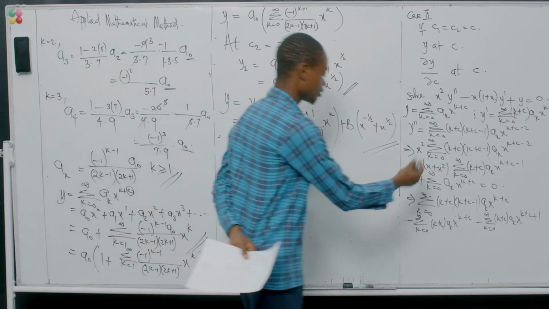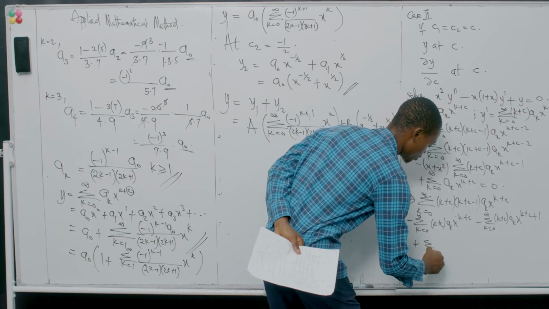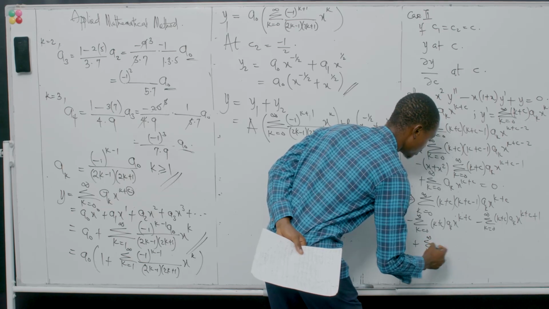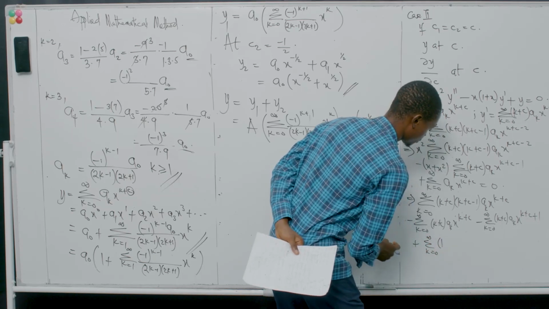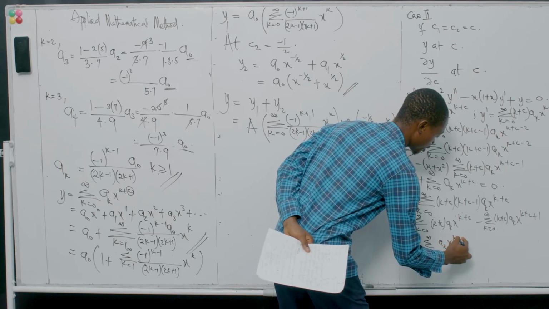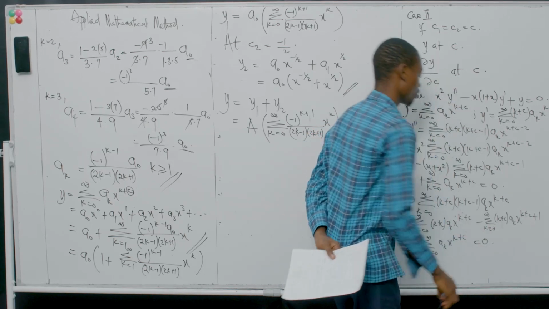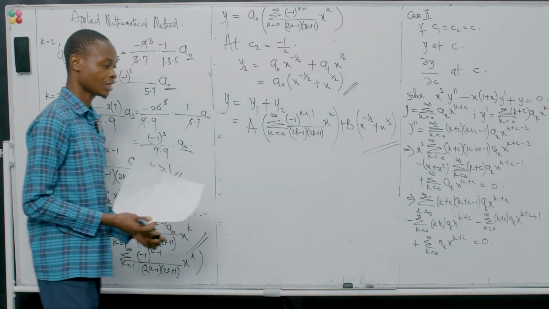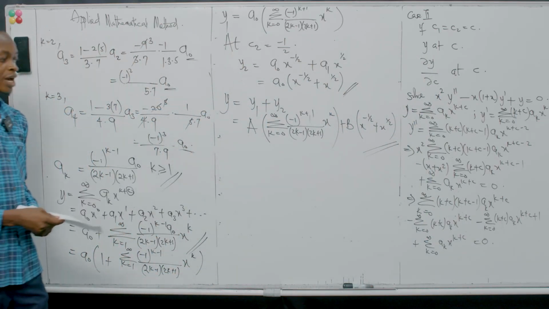Then plus summation k starting from 0 to infinity, ak x^(k plus c) is equal to 0. Right? So we have this.